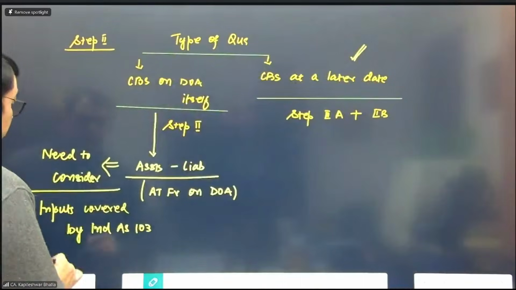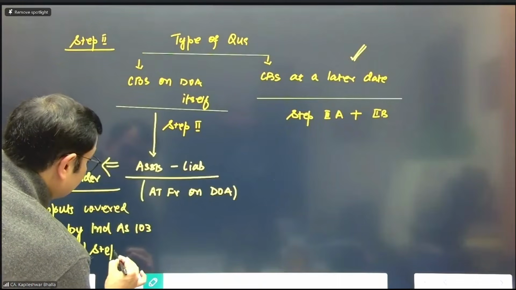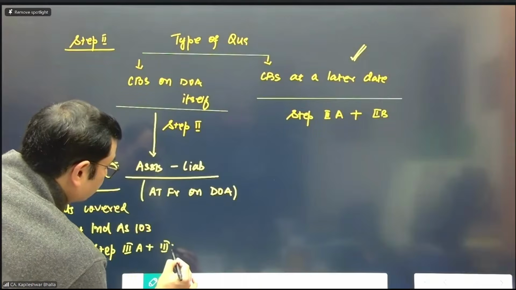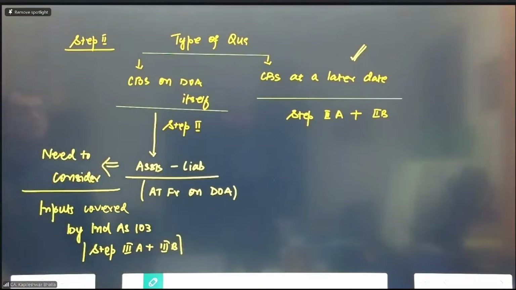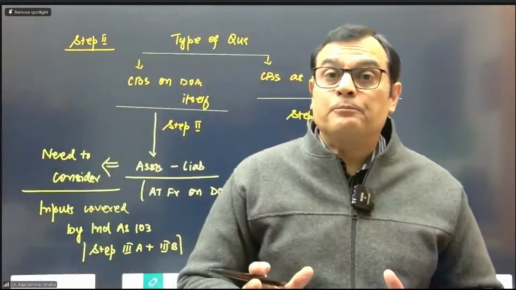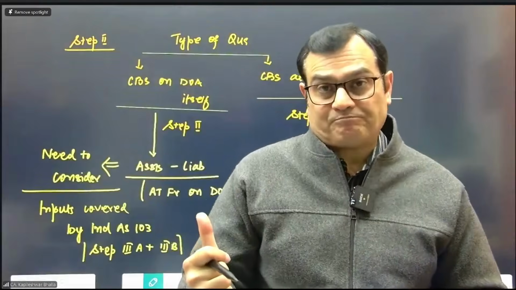So all those considerations are inputs covered by that. I'm just making a reference to step number 3A and step number 3B. All those inputs will be equally applicable here as well.